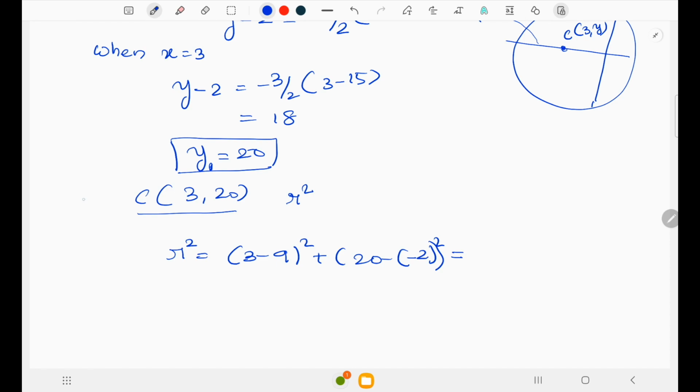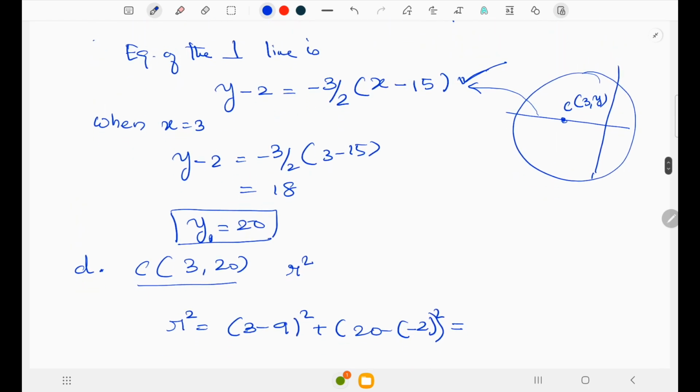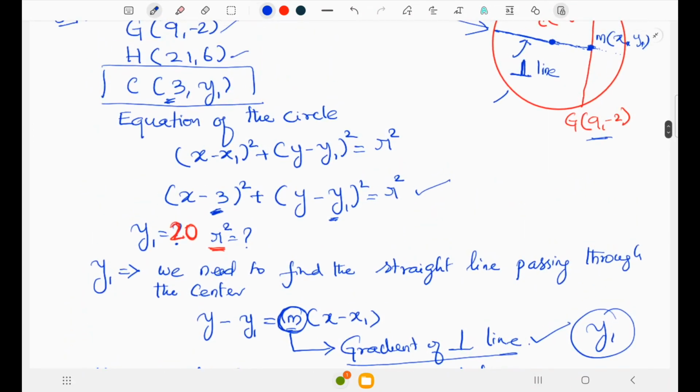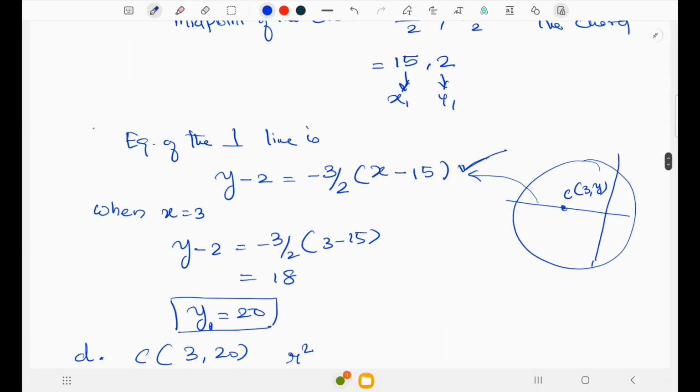Understand? This is point number D. We need to find r square. How to find r square? Suppose I take G. What is the G here? 9 comma minus 2. For example, this is G, 9 comma minus 2.